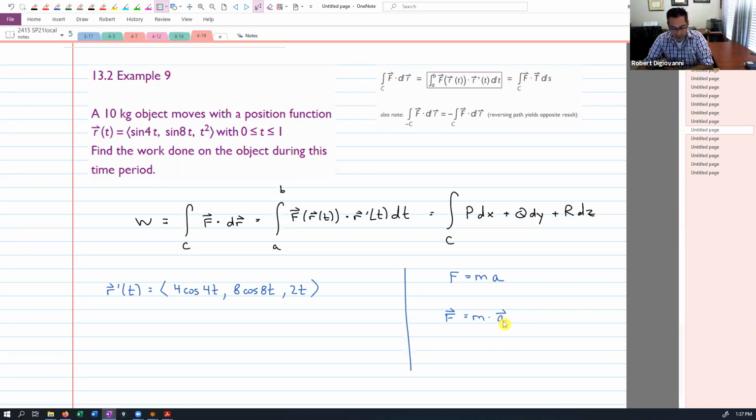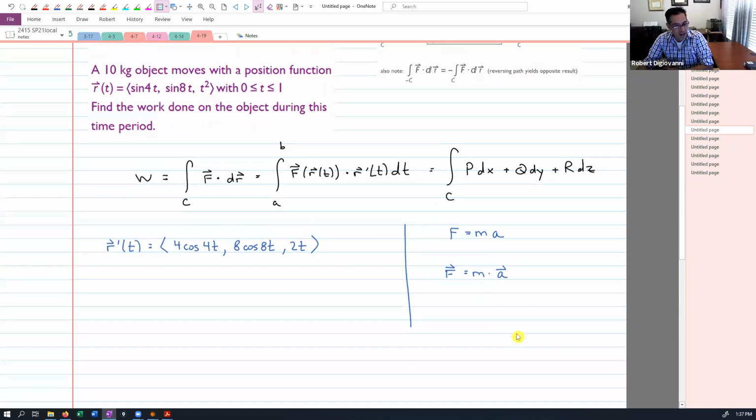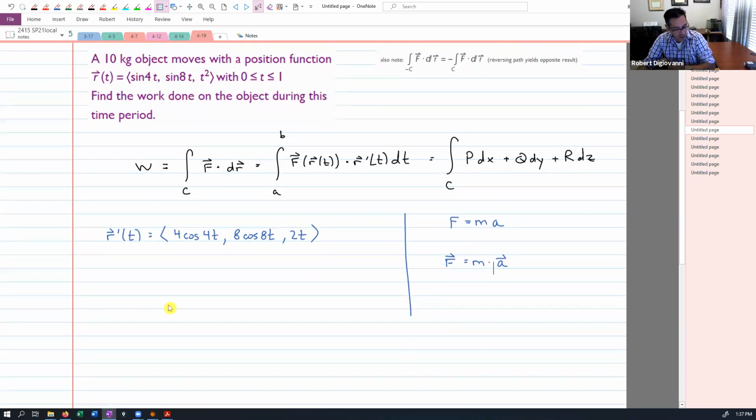So where are we going to get the acceleration from? Is it the second derivative of the position function? That's exactly right. If we have the position function, the first derivative is the velocity function, and the second derivative is the acceleration function. So we're going to do one more derivative.